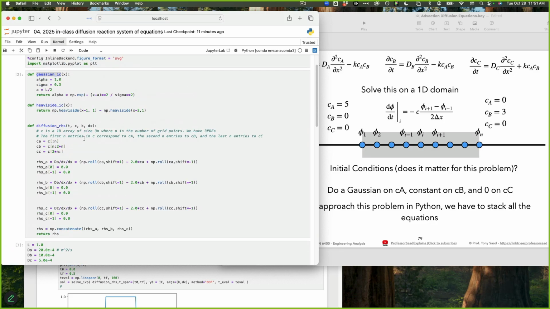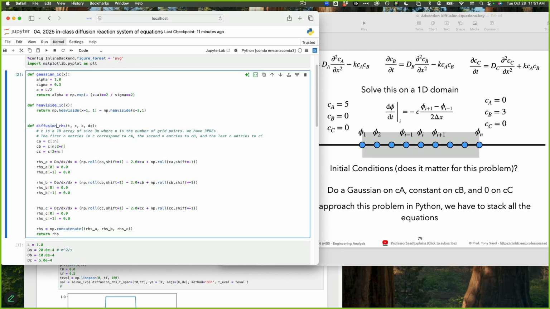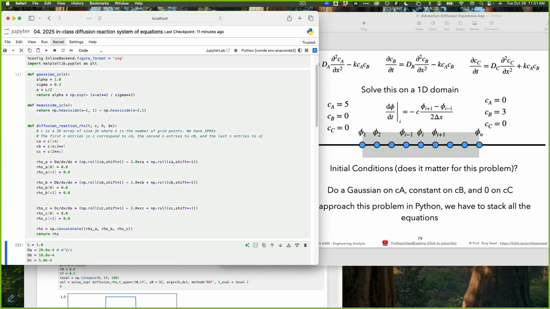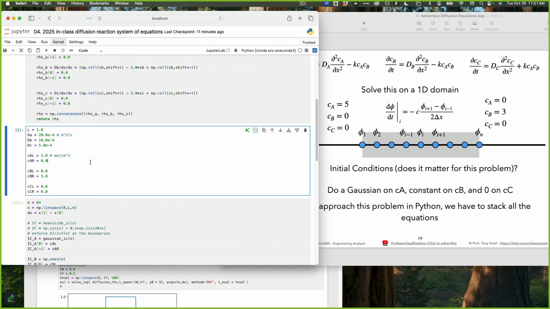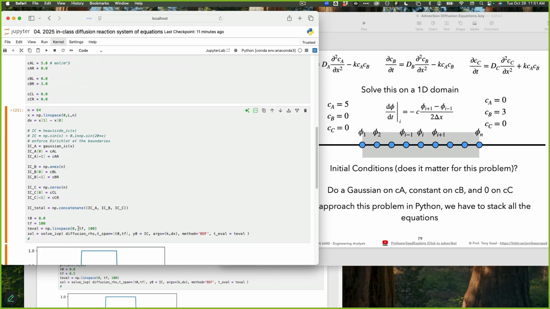Let's rename this to diffusion reaction right hand side. I'm going to execute here, and this will be diffusion reaction right hand side. The span is from T0 to TF. Now the initial condition is IC total.